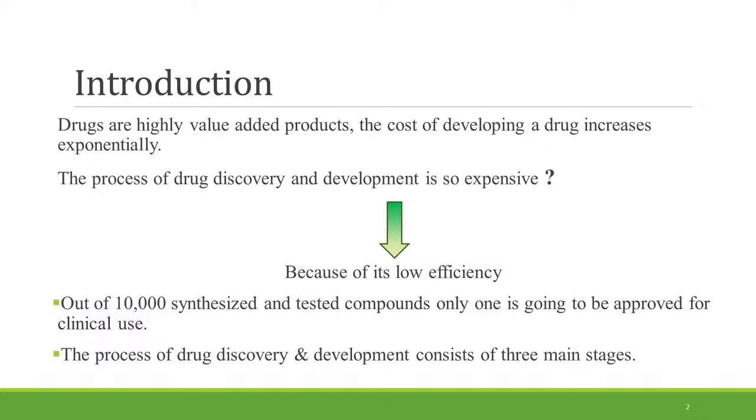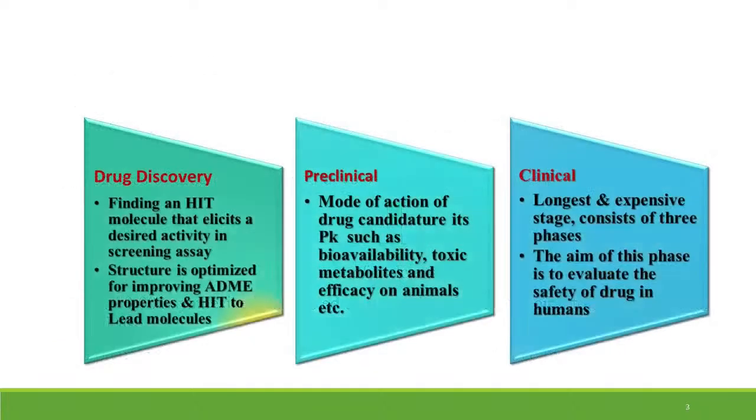Next, coming to the drug discovery and development process, it consists of 3 stages. Next slide please. The 3 stages are drug discovery, then preclinical development, and lastly clinical trials. These are the 3 stages involved in the process.